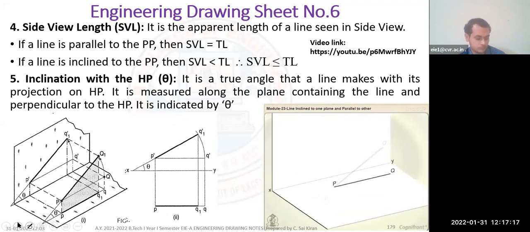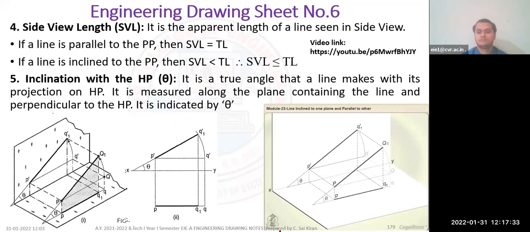Its front view P dash Q dash and the top view PQ will both be parallel to XY and equal to the true length. When the line is turned about the end P to the position PQ1, it makes the angle theta with the HP while remaining parallel to the VP.